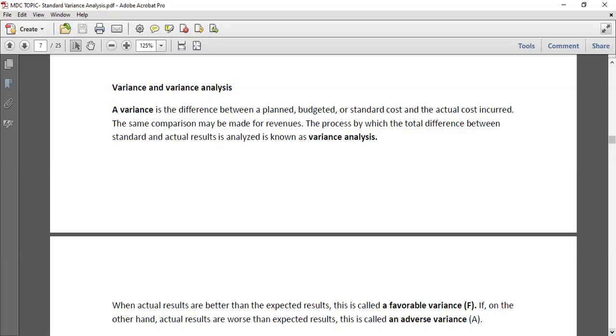But if it's revenue, and your actual result is higher than your budgeted results, that will be favorable. If it's cost, and your costs are higher than what you budgeted for, that will be adverse. So you have to know how the two items work when it comes to expenses and revenue. Like you see, if we spend less than what we budgeted, we are better off. And if we are earning more than we budgeted, we are also better off.